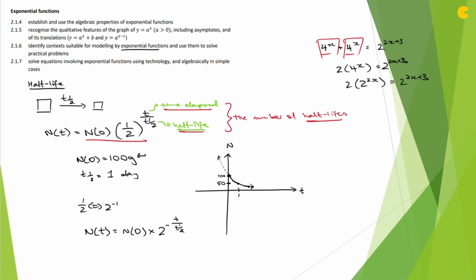Since we have 2 to the 1 times 2 to the 2x, we have 2 to the 2x plus 1 equals 2 to the 2x plus 3. And now that we have the same base, we can equate the two values. 2x plus 1 equals 2x plus 3.